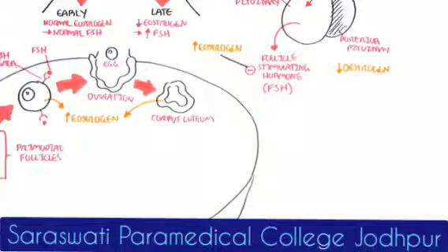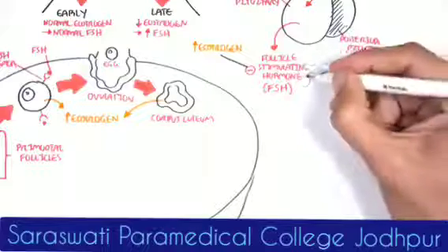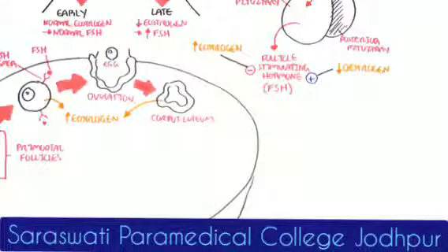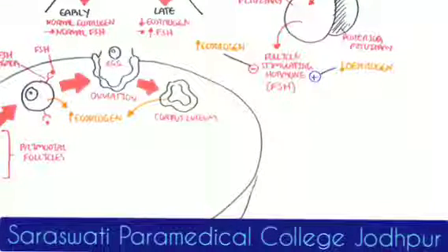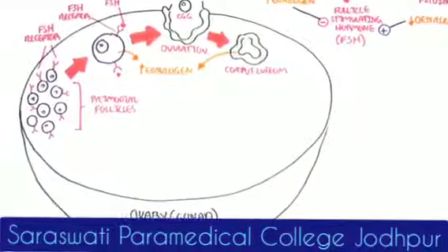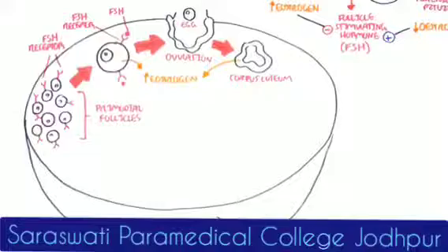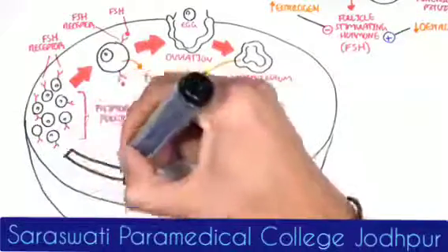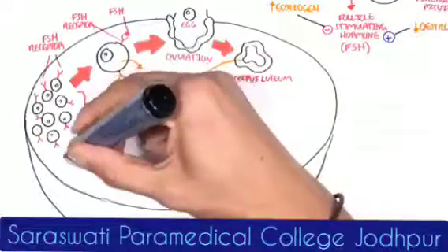However, if you have low amounts of estrogen, this will actually trigger the release of follicle stimulating hormone because you want more estrogen to be produced. So now let's see how all this relates to menopause.